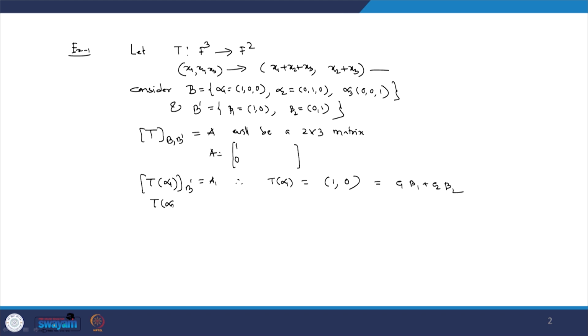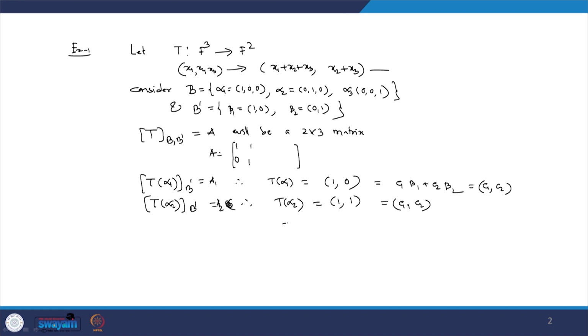And T alpha 2, again similarly with respect to B prime, this is A2. T of alpha 2 is here (1, 1), so C1 equal to 1, C2 is equal to 1.